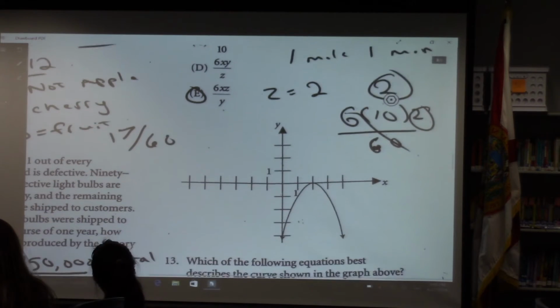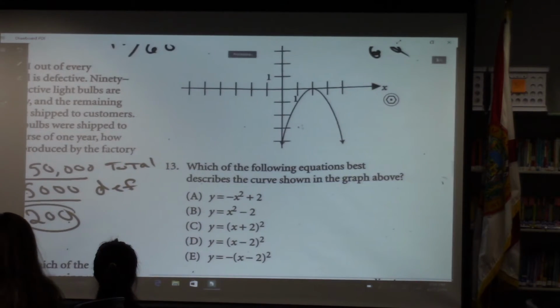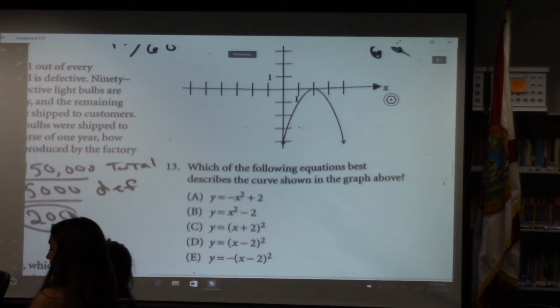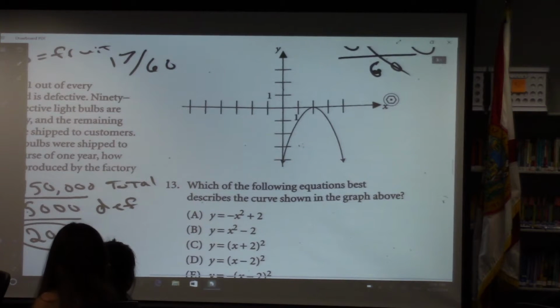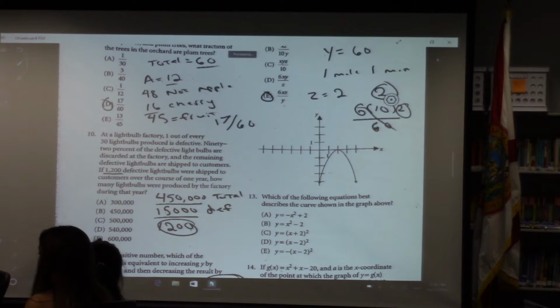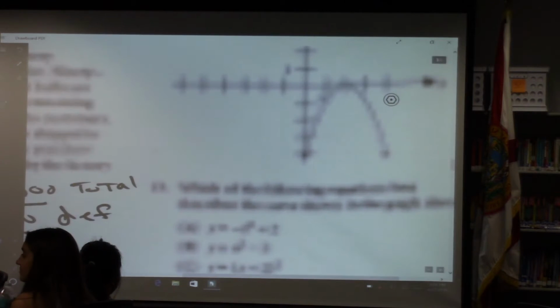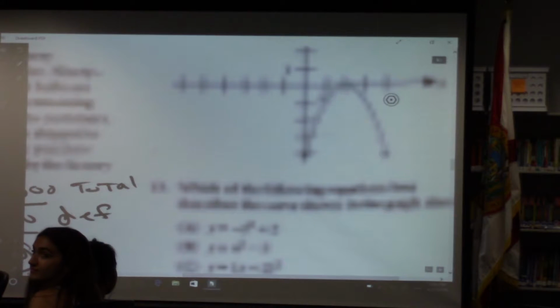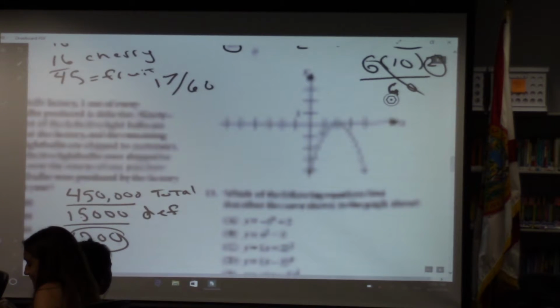Is that stunned silence? You guys are wowed by my math skills? That's what I kind of sensed. All right, I'm going the wrong direction here. I don't know what's happening. I think I just need to be patient. I don't think I'm patient enough for this thing. Zoom out. What happened?